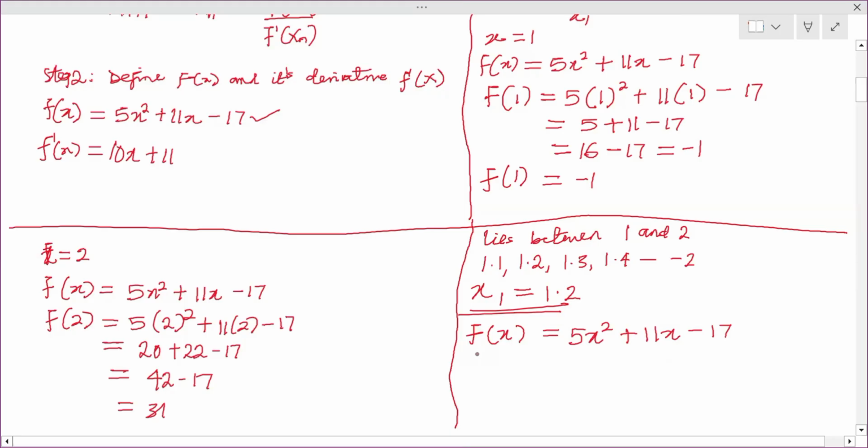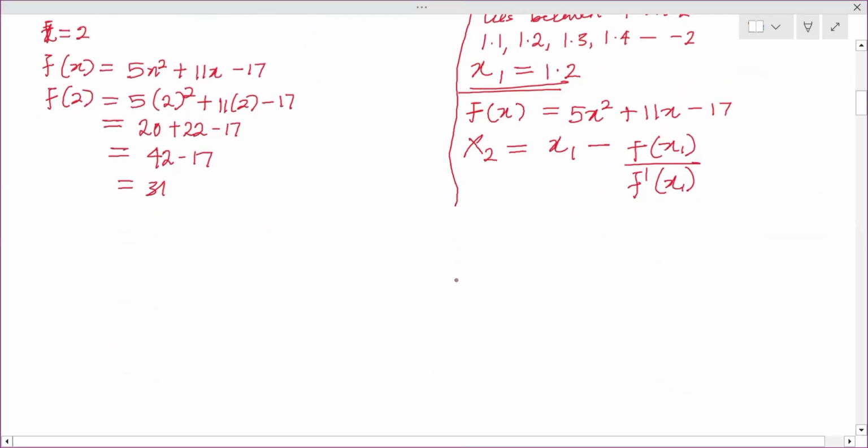Now, according to the Newton-Raphson method, the better approximate value than x1 is x2, which is equal to x1 minus f of x1 all over f prime of x1.